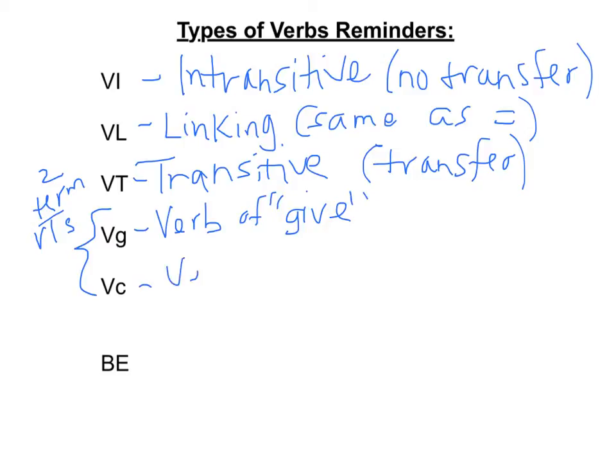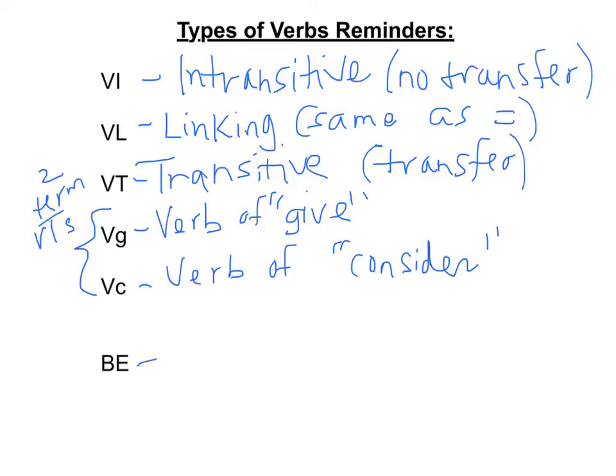And we have the verb of consider. And these are transitive verbs where I transfer my verb onto something else, but I also have another term or another idea that coincides with it.